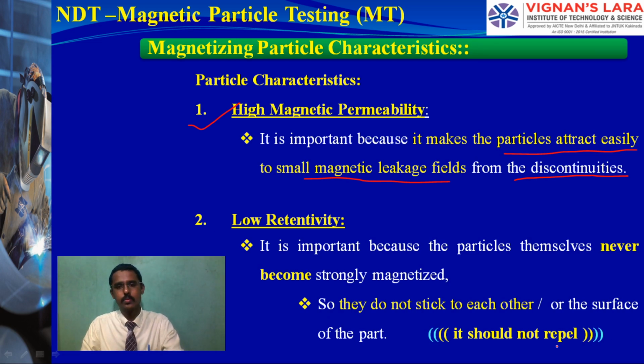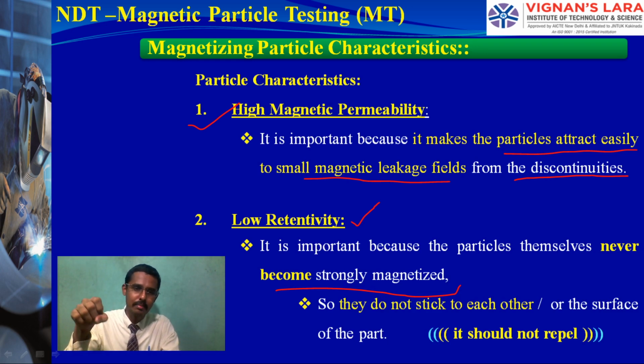Number two, low retentivity. It is again important; all these three characteristics are important. It is important because the particles themselves should never become strongly magnetized. We apply a magnetic field over there, and therefore it gets stronger and is attracted towards the discontinuity or the gaps. So they do not stick to each other.